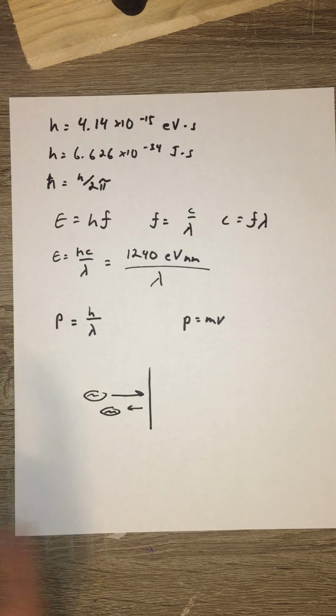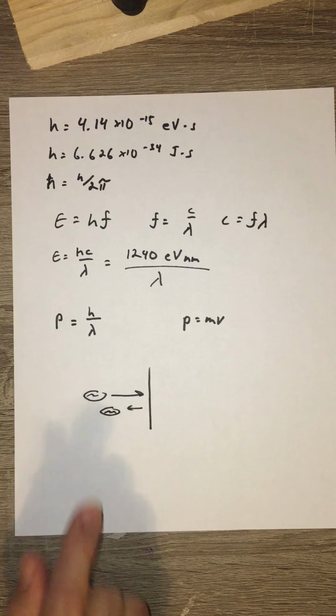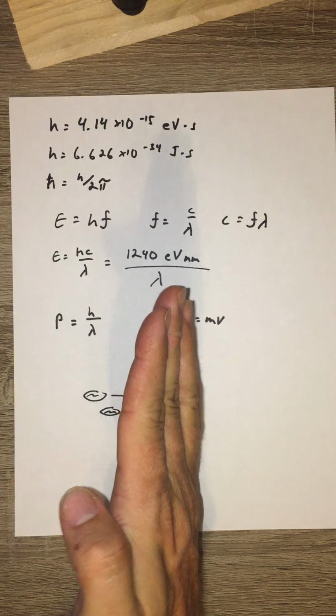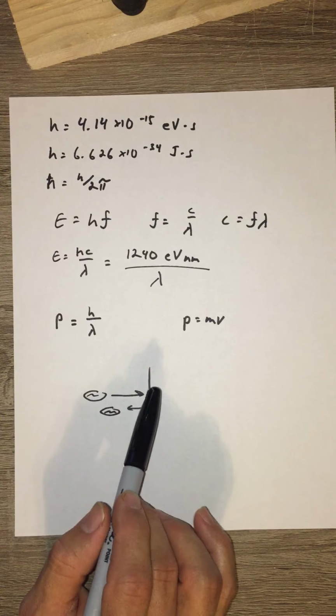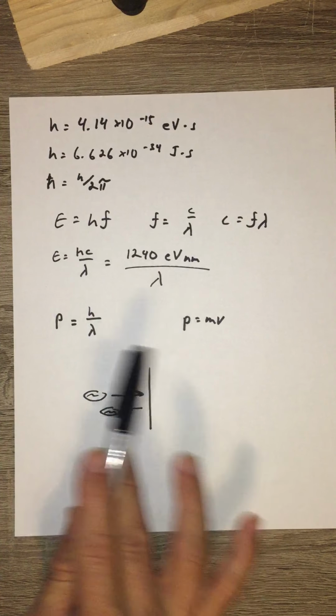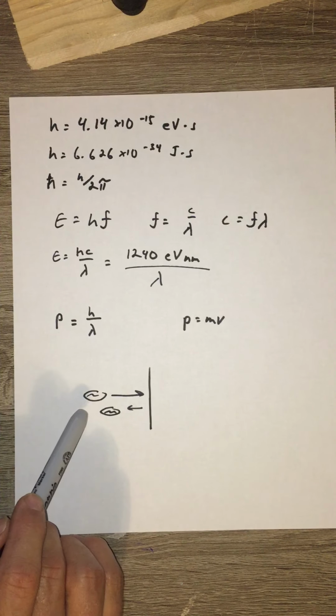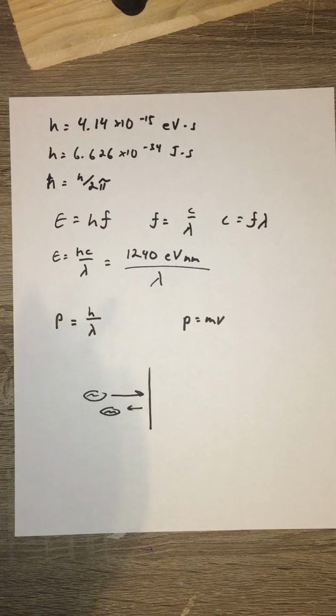Absolutely nothing, right? If this were a baseball or something and you bounce it off something standing up, whatever you bounce it off would probably fall over because there would be some sort of recoil, right? The ball exerts a force on this thing, which then usually topples over or at least wiggles around a little bit. But the momentum of a photon is so tiny that we don't see it occurring here on the Earth.